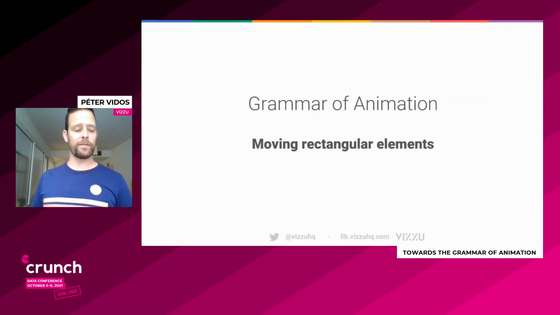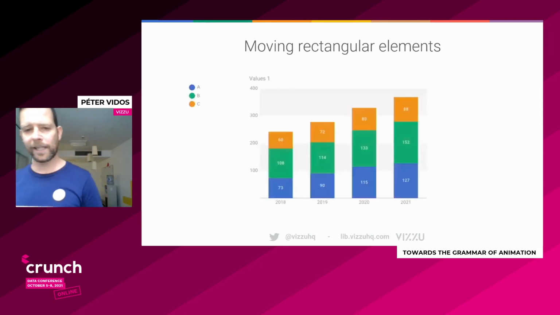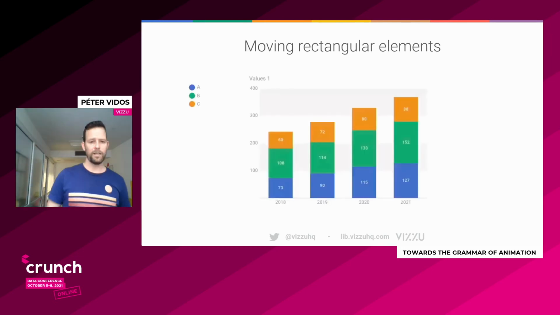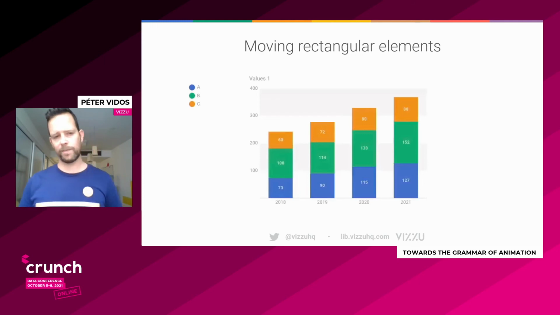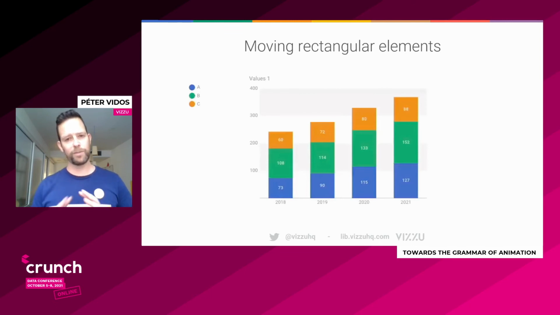Obviously there are different geometries we can use, and we found that charts made of rectangular elements, like bar and column charts, are special. When we have to move them around, it's much better if we can avoid them overlapping with each other.